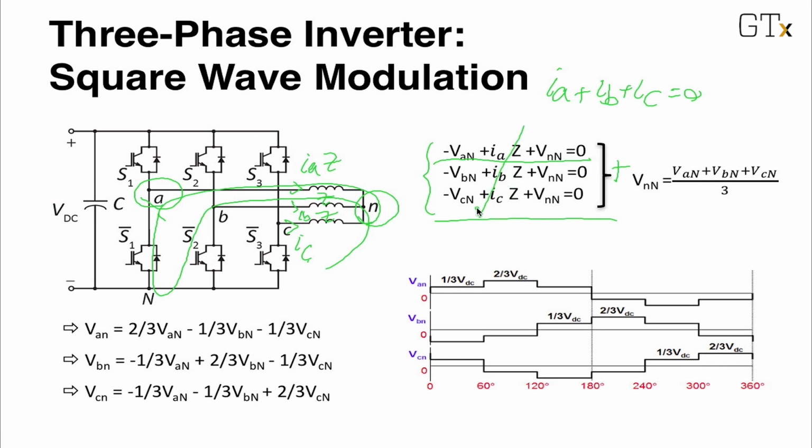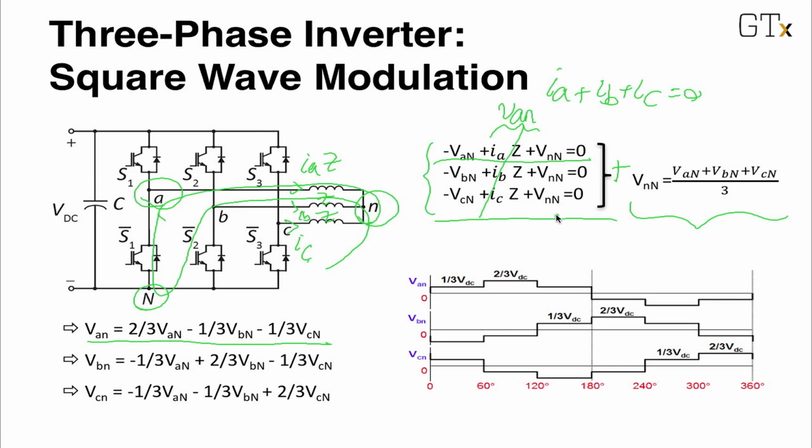If we add these three equations together, this term would be cancelled out, and we come up with the value for the voltage of the load neutral point with respect to the capital N point, which is the reference point for our analysis. And we come up with this equation. Therefore, by replacing for V and N in this equation and replacing IA times Z, which is nothing but VAN, we can conclude the first equation here.